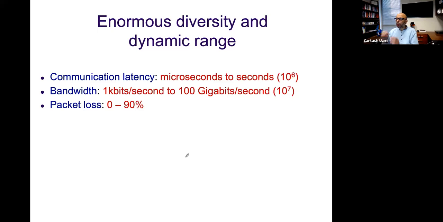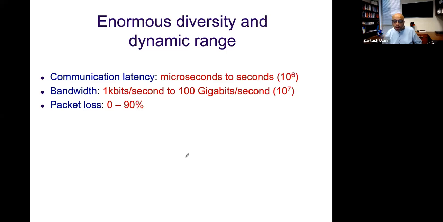So a link on which I can send data at 1 kilobit per second is capable of accepting or delivering data at 1 kilobit per second. In 1 second, I can push 1000 bits into that link, and in 1 second, I can extract 1000 bits out of that link.